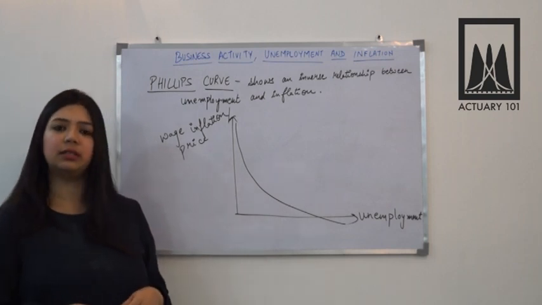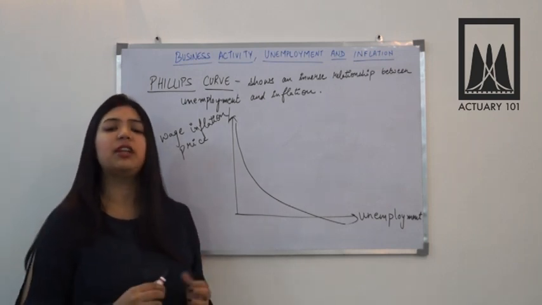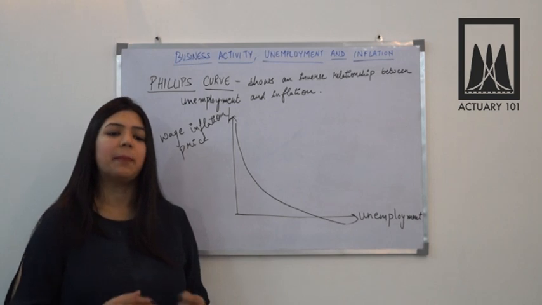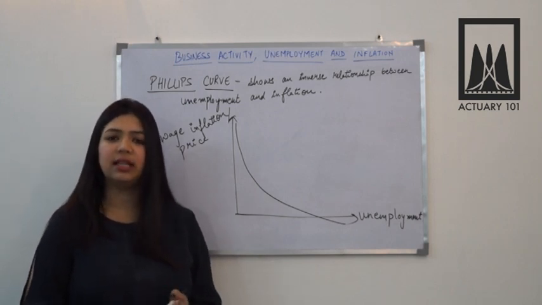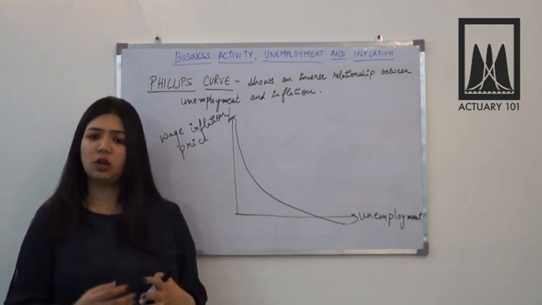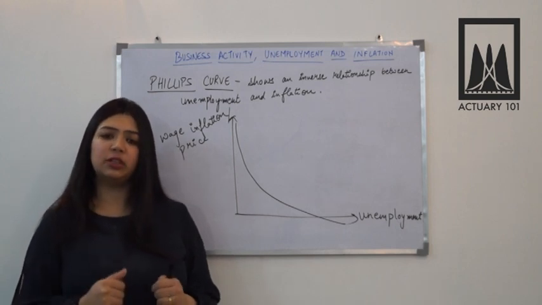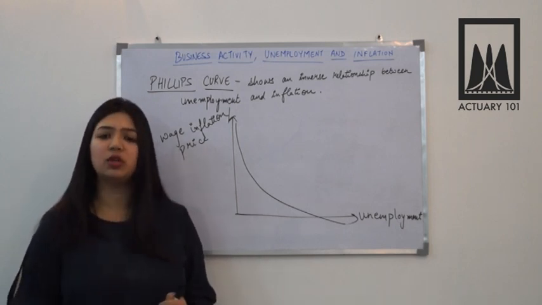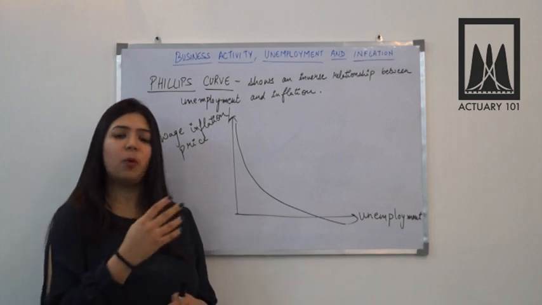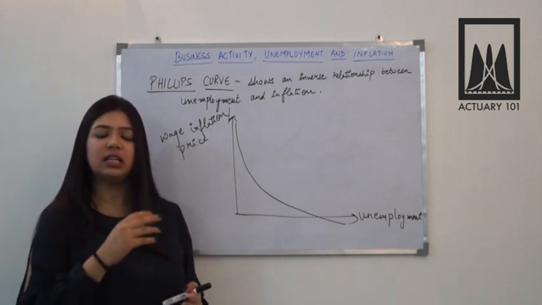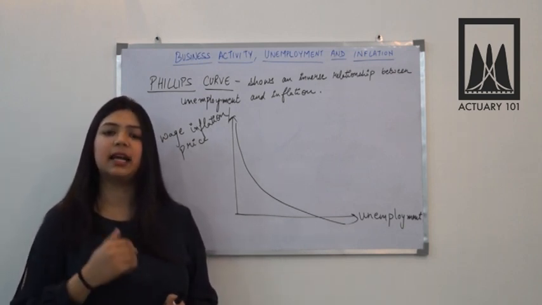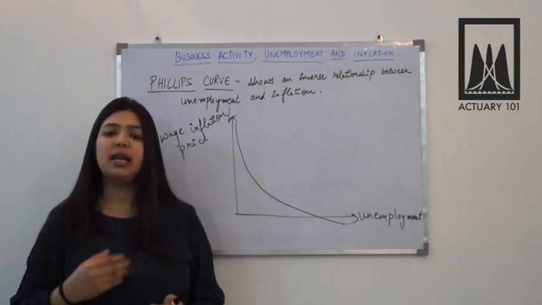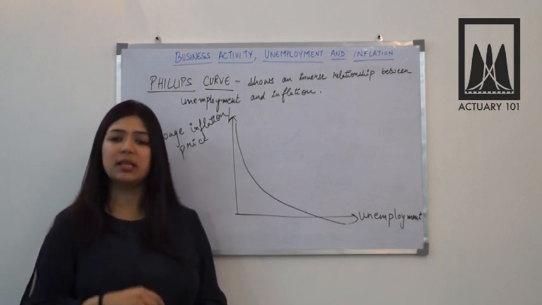The third factor that we come across was inflation targeting. Now, what happens when inflation targeting is done? The government or the economy sets a target for inflation that is below the actual inflation. So, suppose currently the actual inflation rate is 6% and the government aims to bring it as low as 3%.